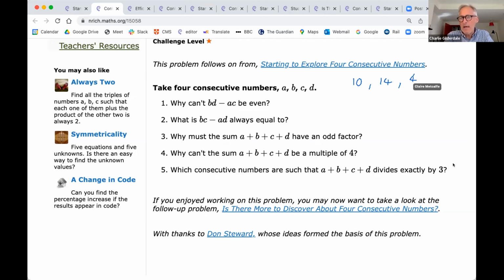Margie has got 46, which is 2 23s, so that's got an odd factor. 90 has got an odd factor, 9 10s, 34 is 2 17s, 26 is 2 13s, 86 is 2 43s. So it does look like all the sums that you're getting have got an odd factor.